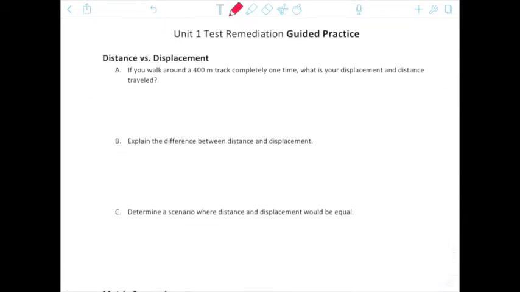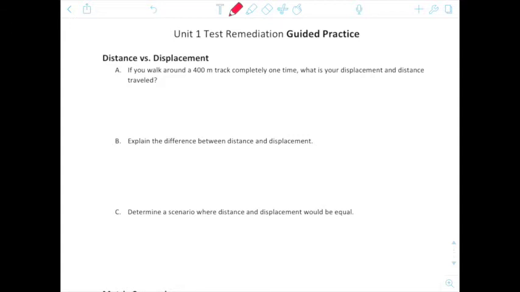Starting in our first section, this is distance versus displacement. We talked about those two definitions just a second ago. In the first question it says, if you walk around a 400-meter track completely one time, what is your displacement and distance traveled?